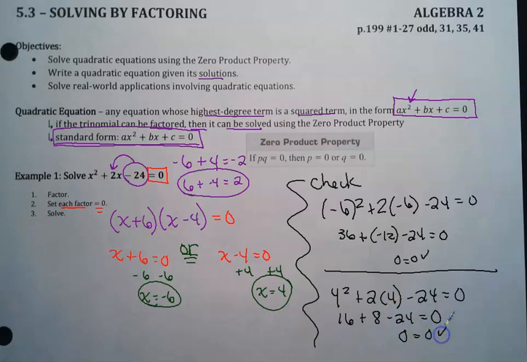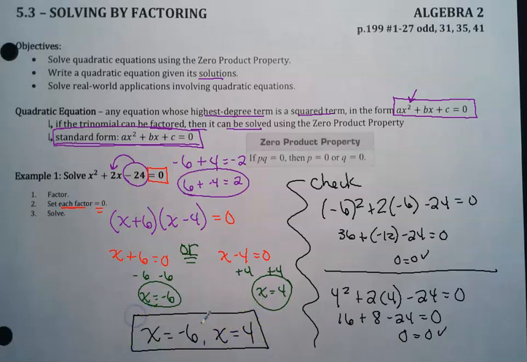So 0 equals 0 checks out as well. So our solutions here are x equals negative 6 or x equals 4.